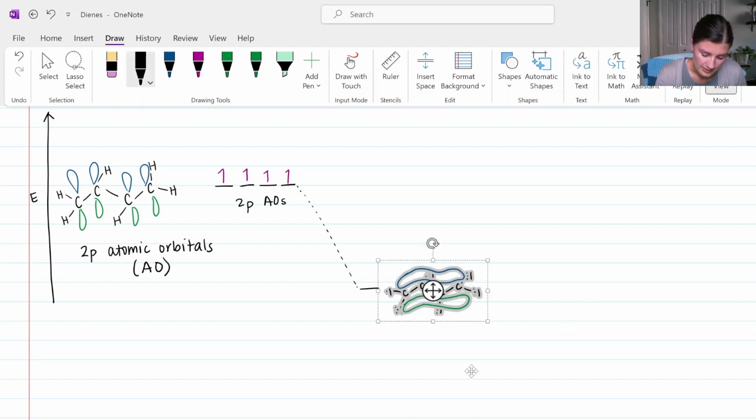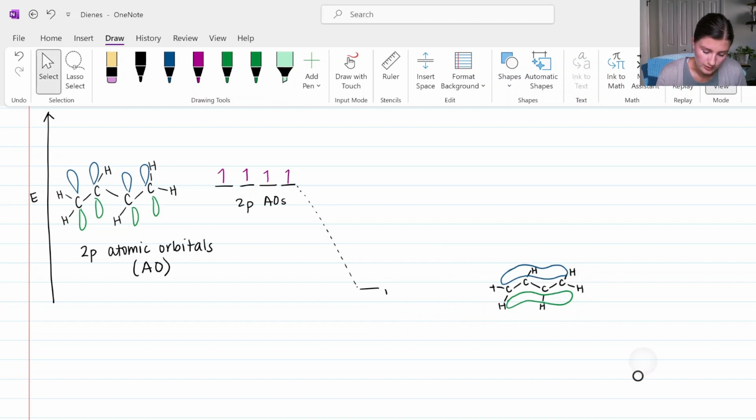Another way to represent this is a little bit simpler, so I'll just go ahead and scoot that over, where we just have 4 p orbitals overlapping with the same phase on either side. So we have all blue on top, all green on the bottom.